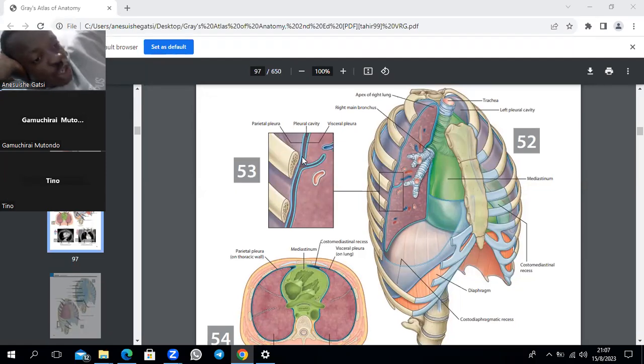So the lung is not inside the pleural cavity. Pleural cavity is a space between parietal pleura and visceral pleura. And these pleura are simply serous membranes that surround the lung and support it.